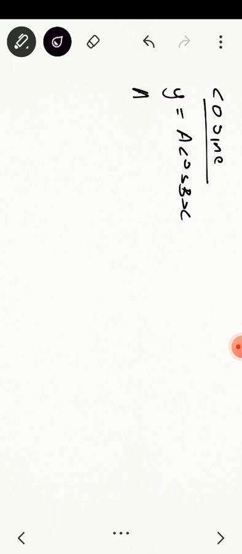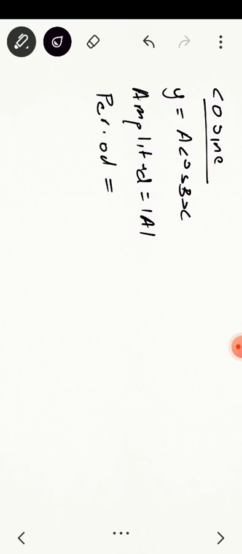The amplitude is represented by the absolute value of a, and the period is going to be 360 degrees divided by b, and then the interval is going to be the period divided by 4.